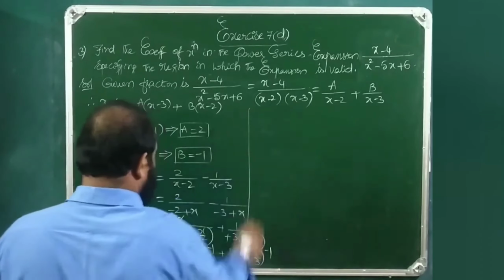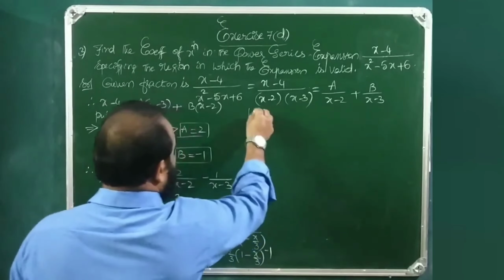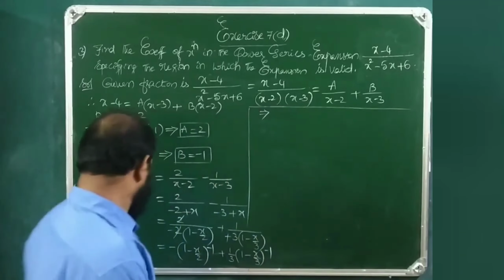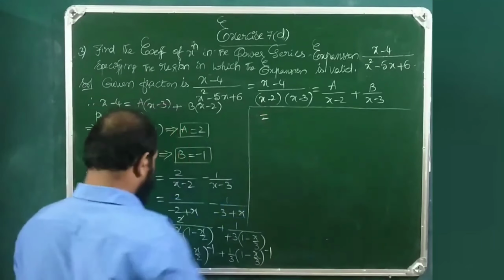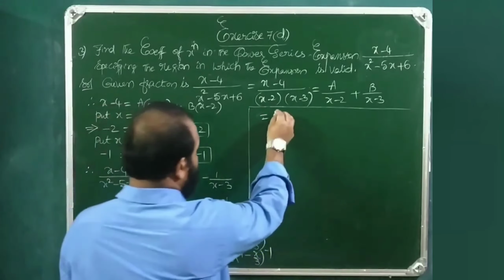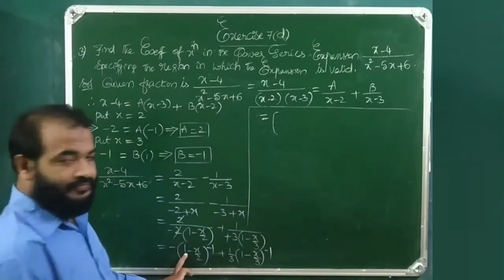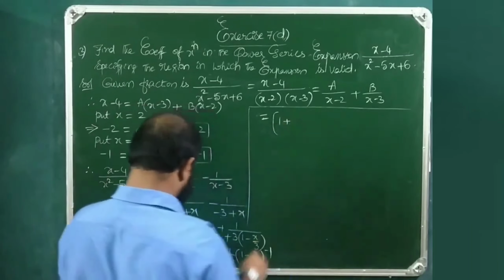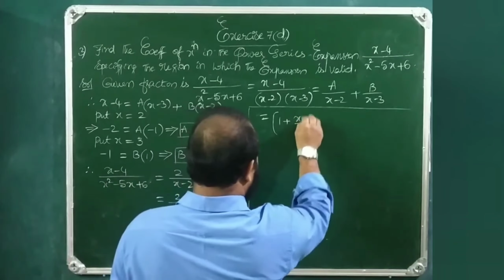So this is equal to minus, this is 1 plus x by 2.